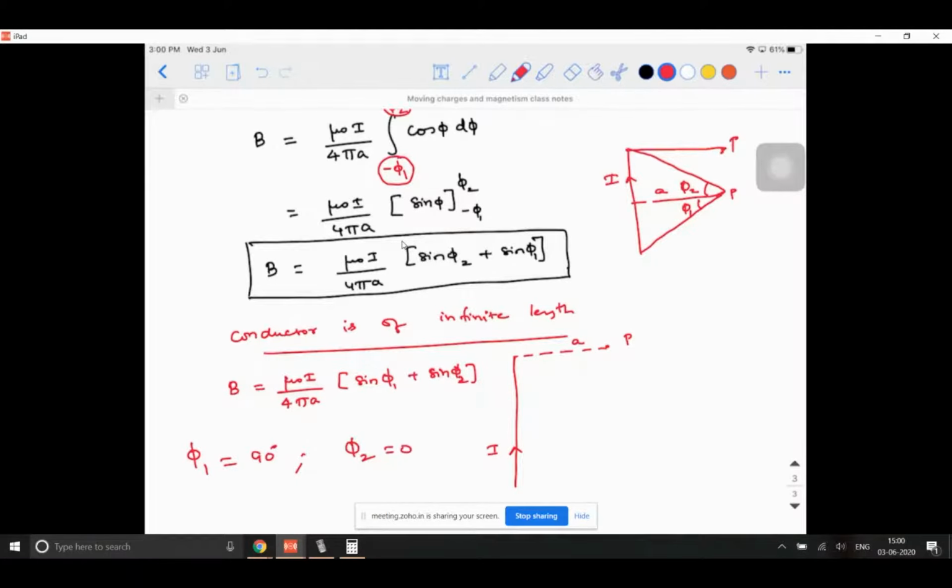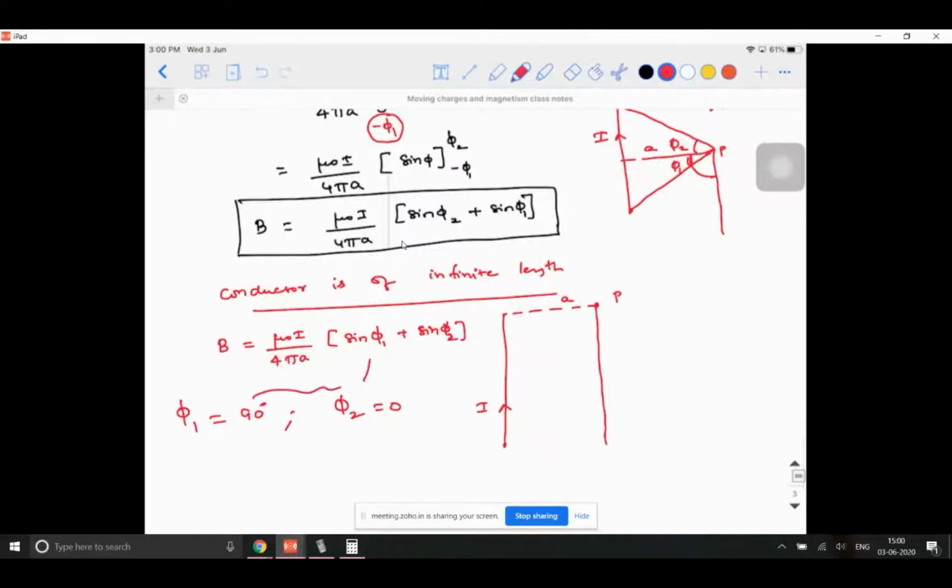Whereas if it is an infinite length, this point and this point will meet only at infinity, meaning they both will be a set of parallel lines. So the phi 1 is getting opened in such a way that it becomes like this. So phi 1 will be 90 degrees, and phi 2 is 0.